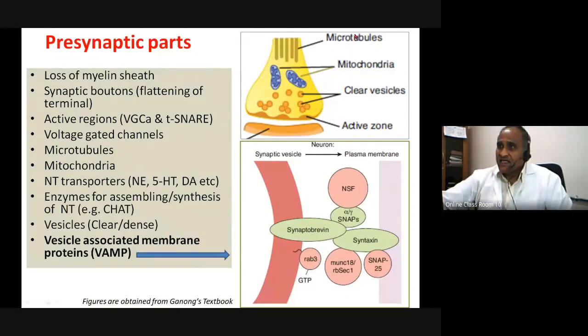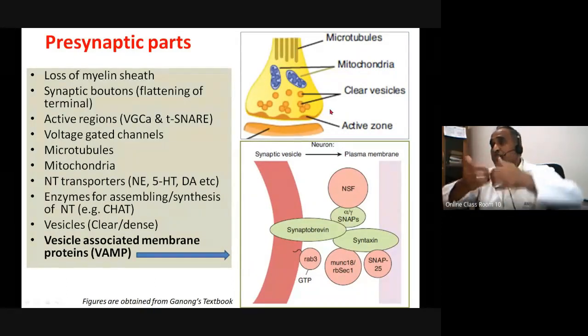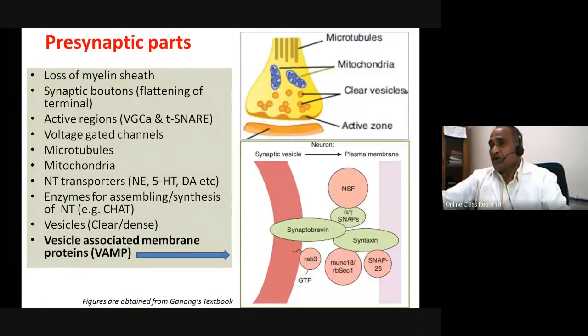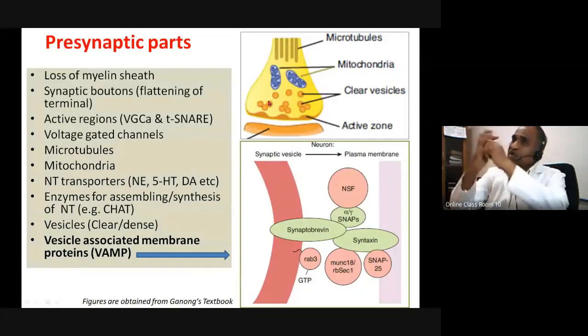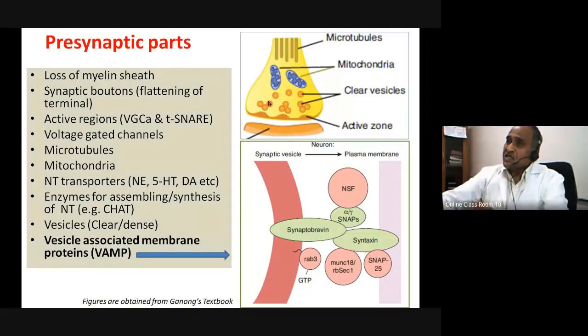The second thing is, if you are showing the synaptic button, that means there is a widening or flattening of the terminal. That is to increase the surface area of contact with the postsynaptic components, or fitting into the particular modality. So these things are required.